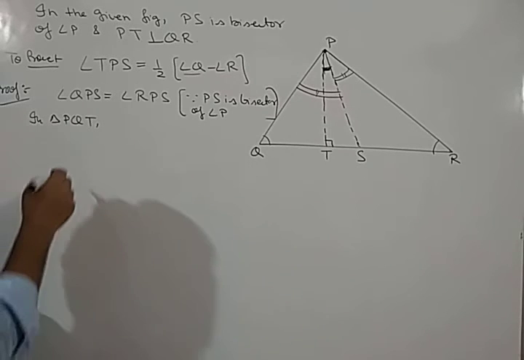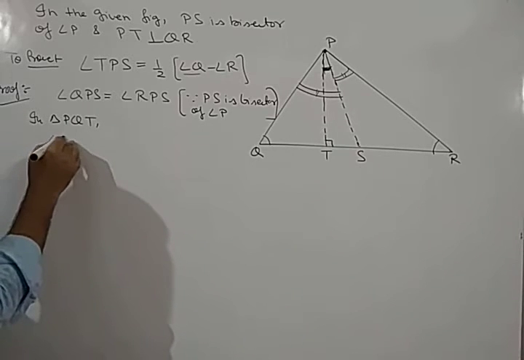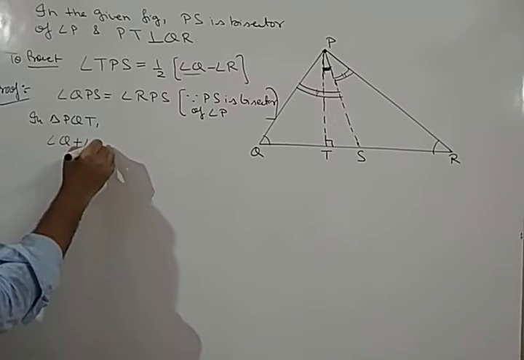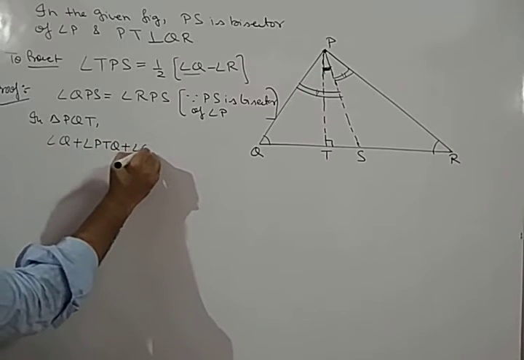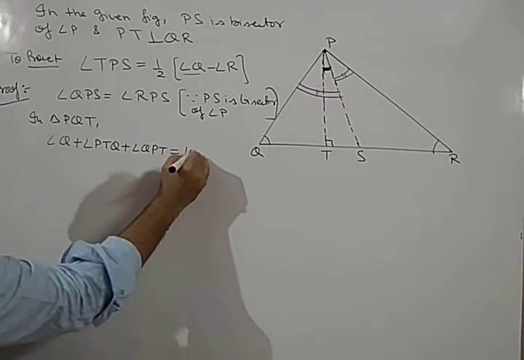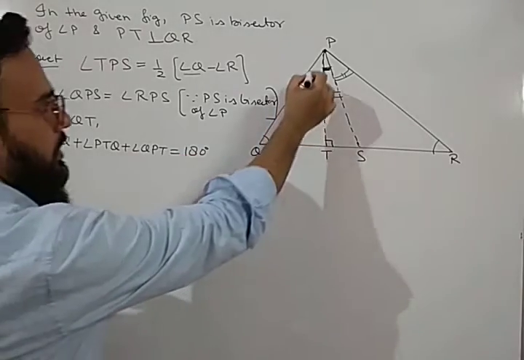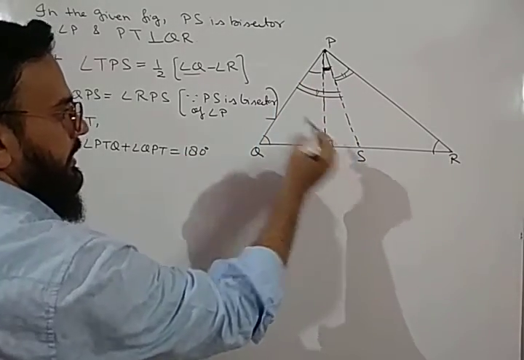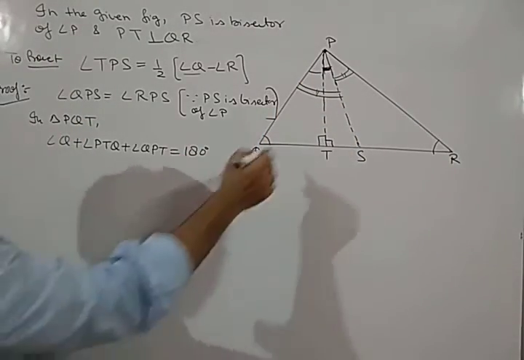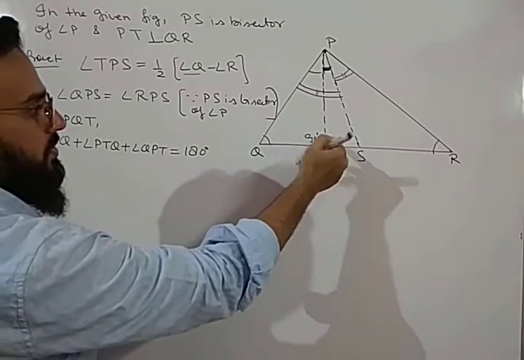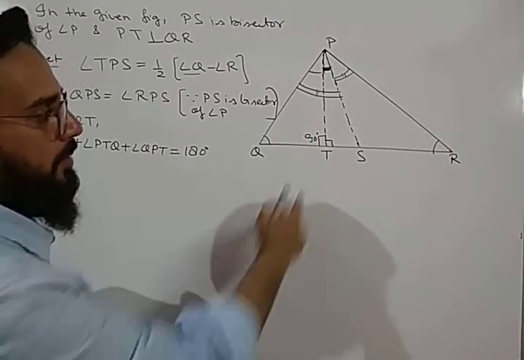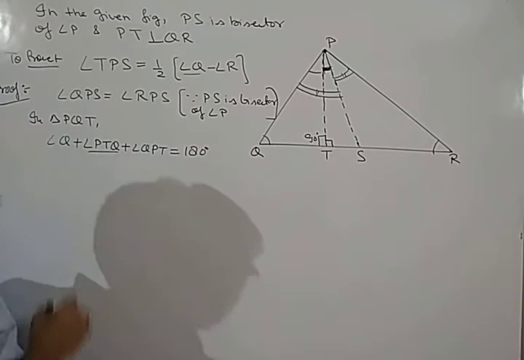What will be the angle sum property? It will be angle Q plus angle PTQ plus angle QPT is equal to 180 degrees. This angle plus this angle plus this angle is equal to 180 degrees, and this angle is 90 degrees because it is given as perpendicular. So angle PTQ will be 90 degrees.